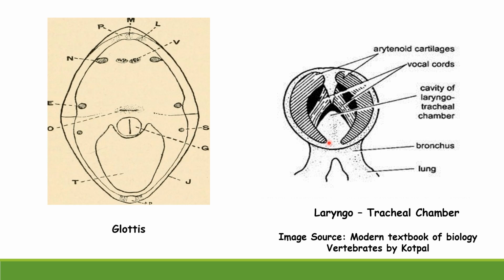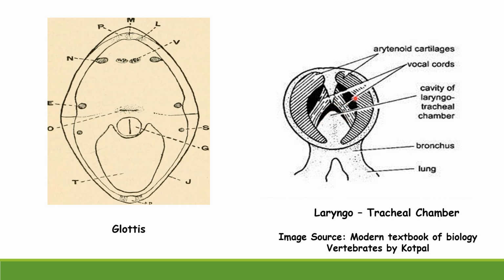As we already discussed, the thin walls of this chamber are internally supported by two different types of cartilages, a pair of arytenoid and one cricoid cartilage. And apart from that, can you see the elastic bands that are present here? These are nothing but the vocal cords.